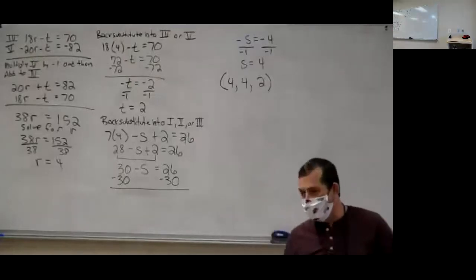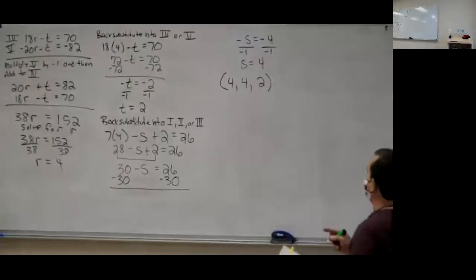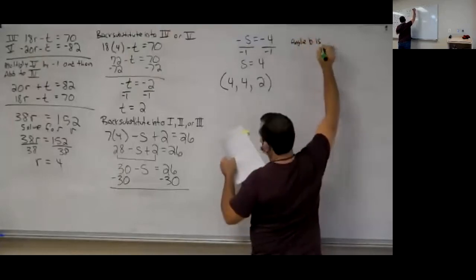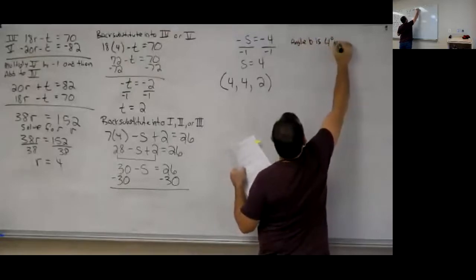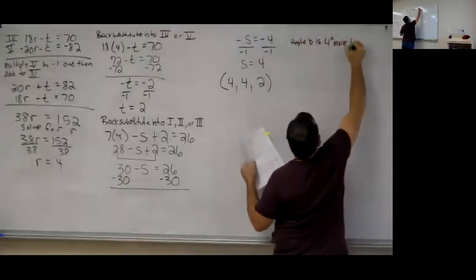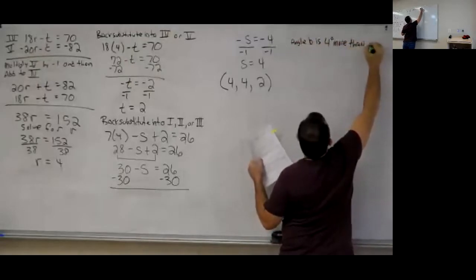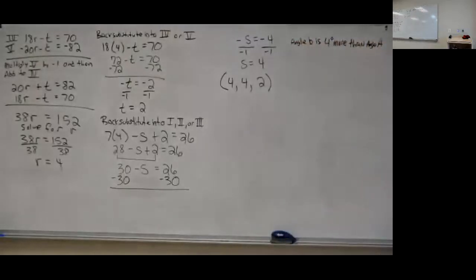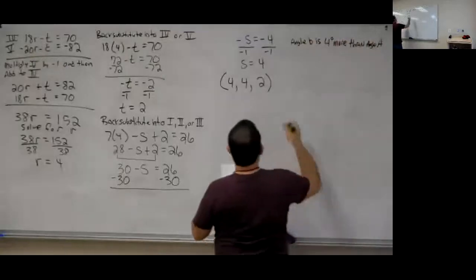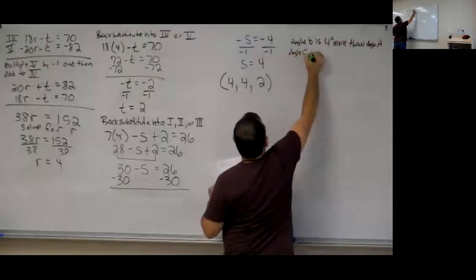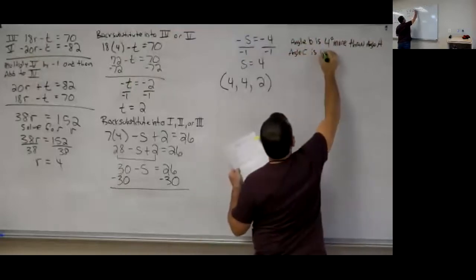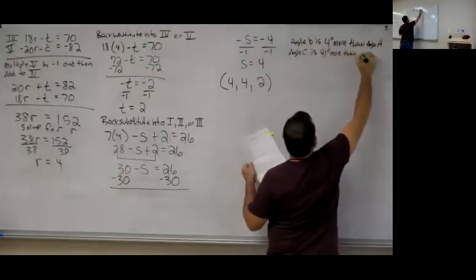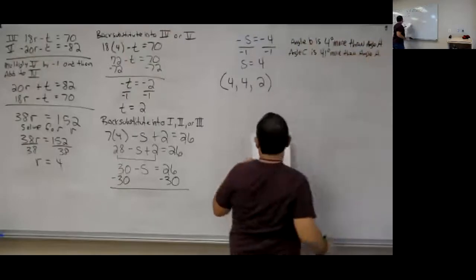So in triangle ABC, the measure of angle B is 4 degrees more than A. So angle B is 4 more than angle A. Angle C is 41 more than A. Find the measure of each angle.